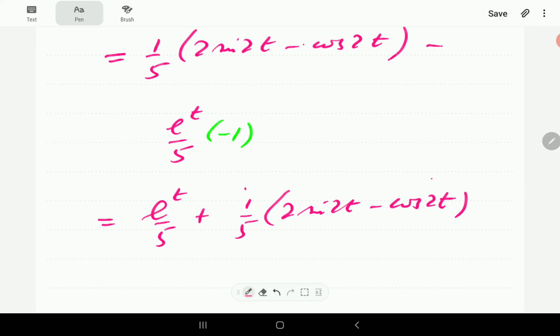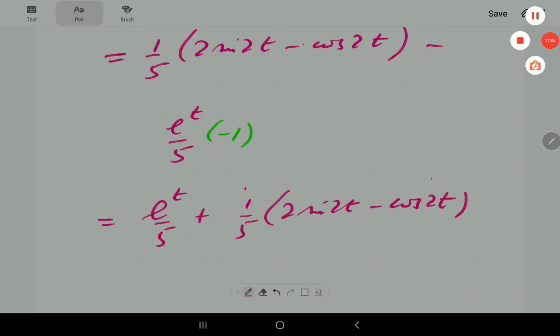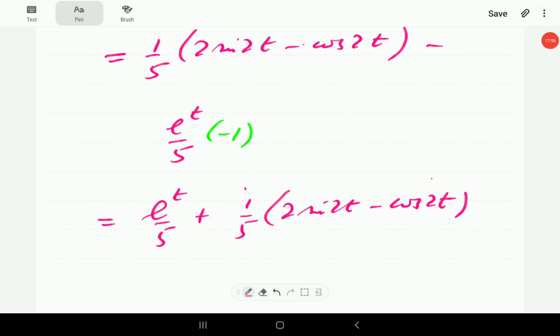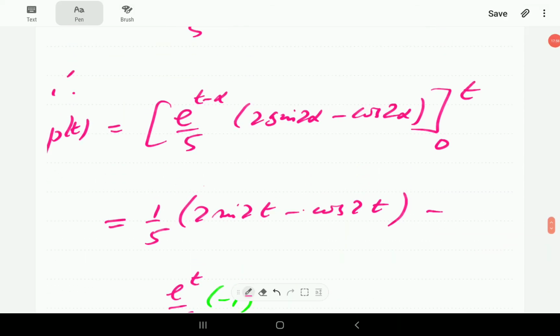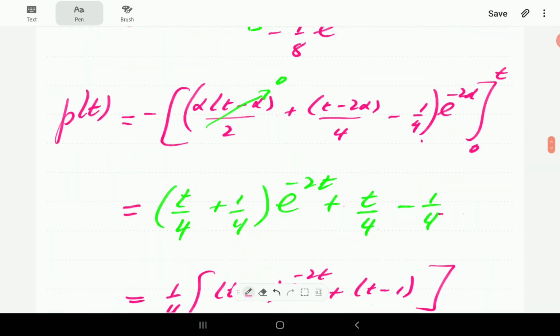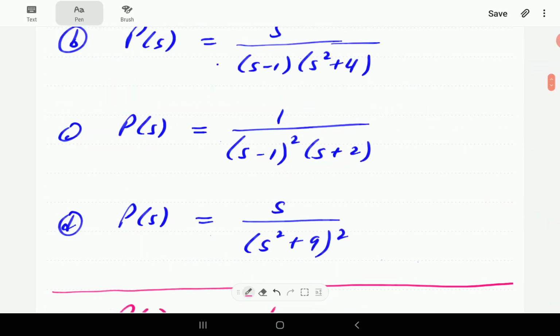So that's going to be our inverse Laplace transform. Right. At this point, we are going to give you the opportunity to have a go at these two here. You want to have a go at C and D. You can pause the video, and then when you continue the video, you can compare with our solutions.